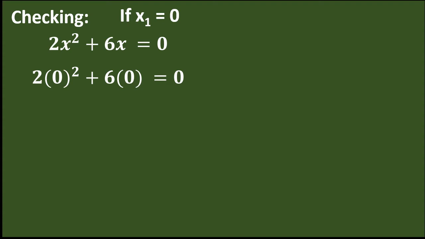So we have 0 raised to the second power, that is 0, because 0 times 0 is 0. And then this part will become 0. 6 times 0, still 0. So if they are equal, we can therefore say that 0 is a solution to the equation 2x squared plus 6x equals 0. What about the x of 2, which is negative 3?